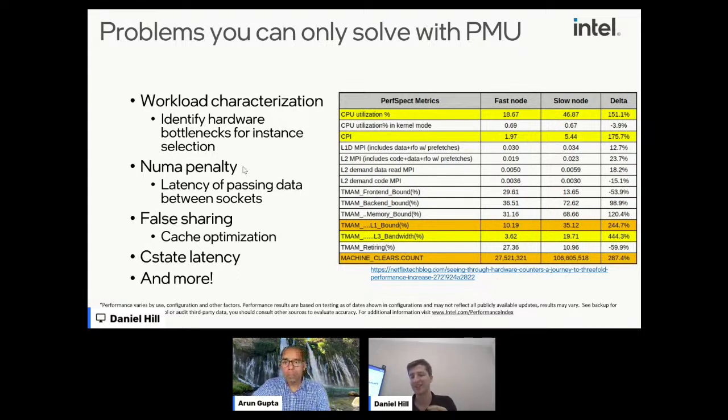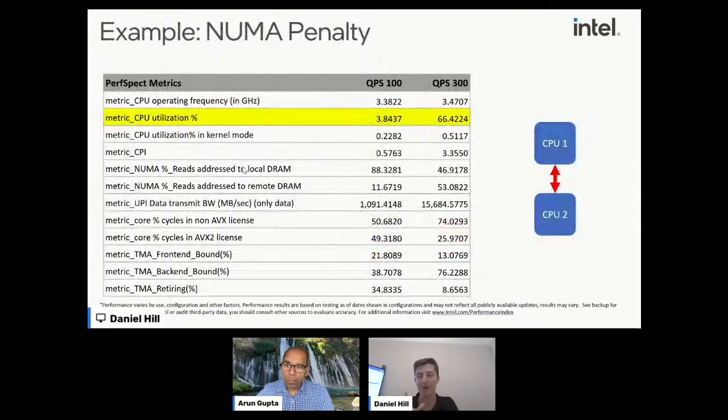And the list goes on. There's C states, where maybe you're going into too low of C states, or maybe you're not going into low enough C states to let your other cores turbo. There's just a whole bunch of things that you can't even start to look at until you have these PMUs. So I'm going to go through a couple specific examples of this, and then I will get to the tools eventually on how you guys can start doing this.